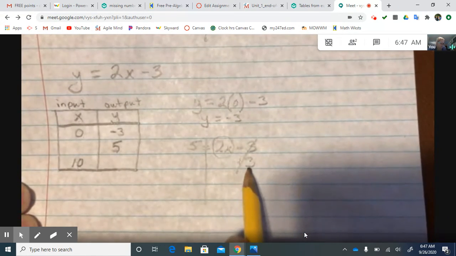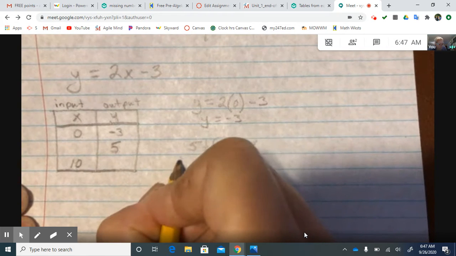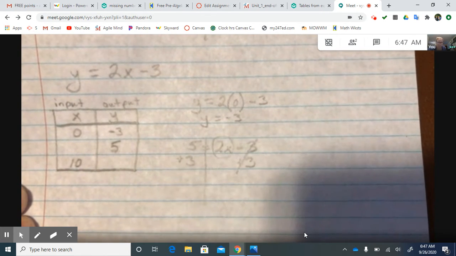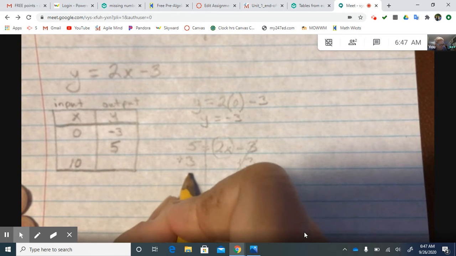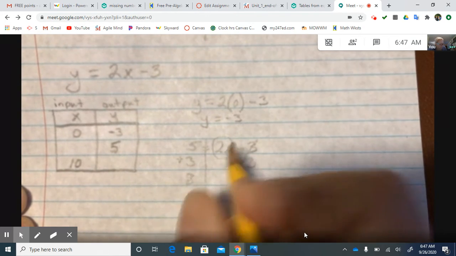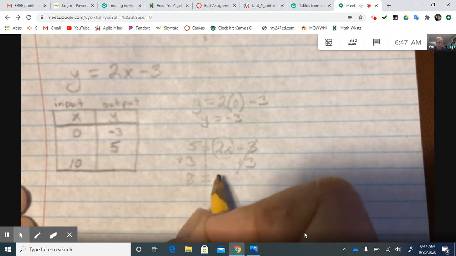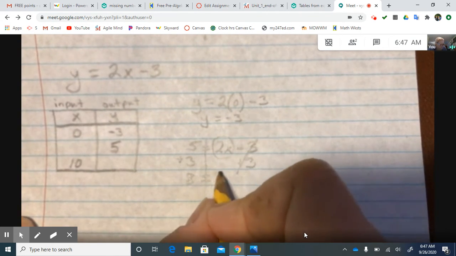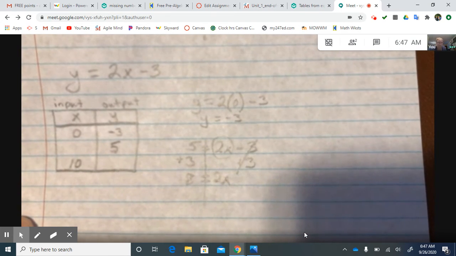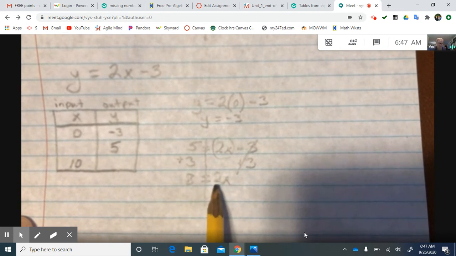What we do to one side, we have to do to the other. So we're going to add 3 over here. 5 plus 3 is 8. Bring down your equal sign. Bring down what's left over here, the 2x. Now remember how when they're sitting right next to each other, it means multiply? So we need to do the opposite, which is divide.